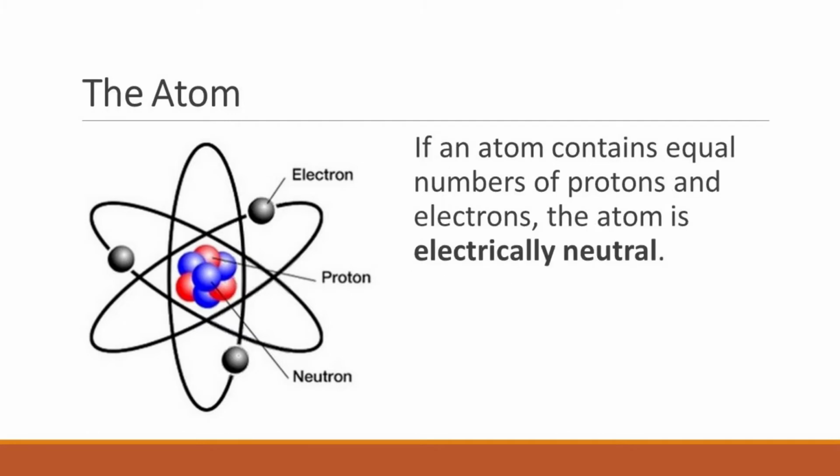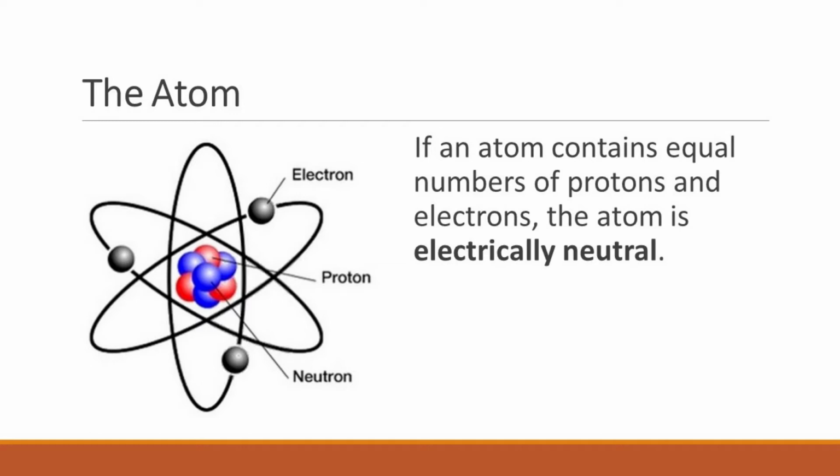As mentioned before, electrons have negative charge and protons have positive charge. So normally in an atom, the negative charge in electrons tends to balance the positive charge in protons.